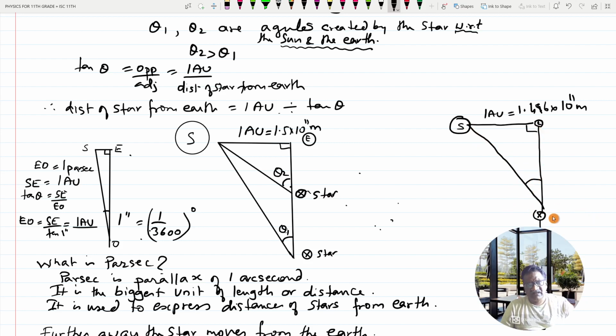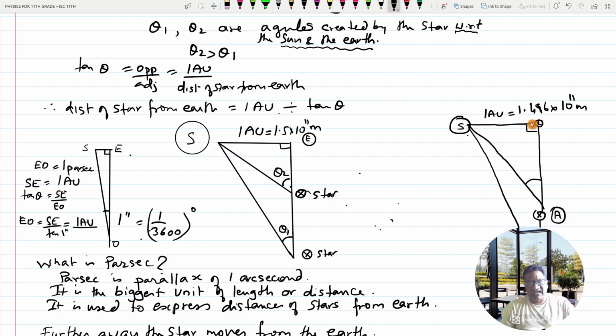Now when the star moves, this is the first position, or A position. Suppose the star moves to B position. Now B position is still further away from the earth. Then if you join this line, now I'm trying to draw a very rough diagram, so don't get confused. Can you see this angle has reduced?